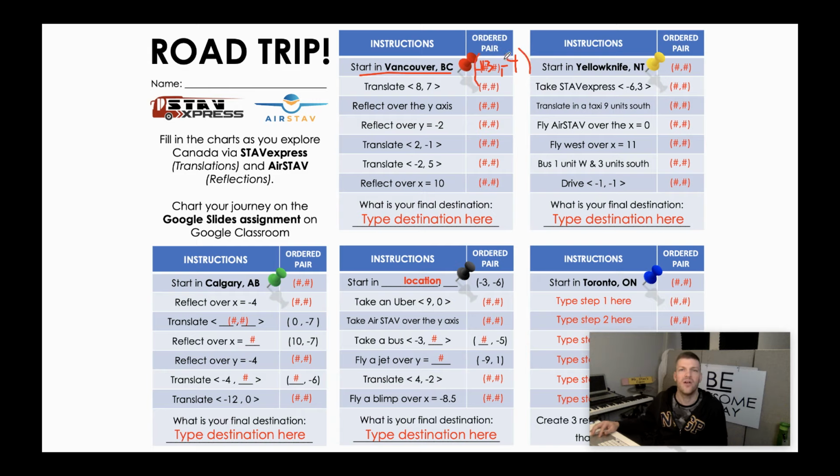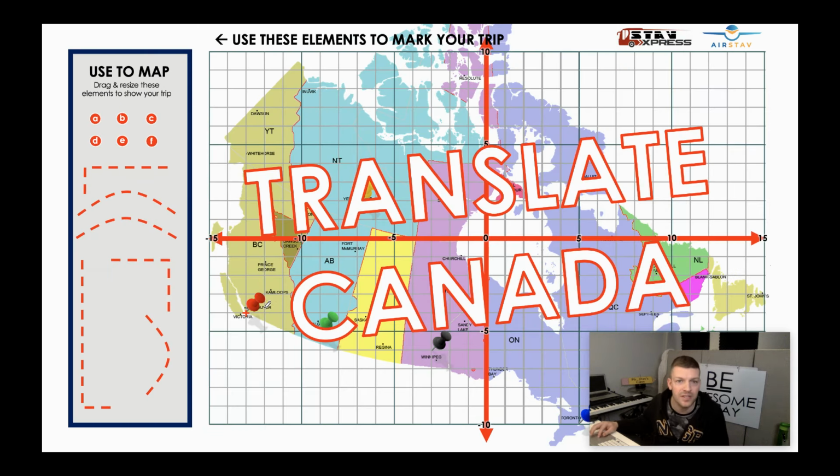Then, from that spot, you're going to translate. See the vectors? You're going to translate 8. Is this left or right? So it's positive 8. So you're going to move 8 to the right and then 7 up. So 1, 2, 3, 4, 5, 6, 7, 8, and then 7 up.